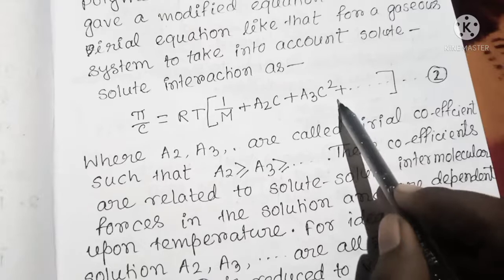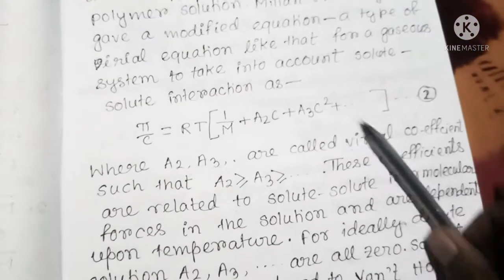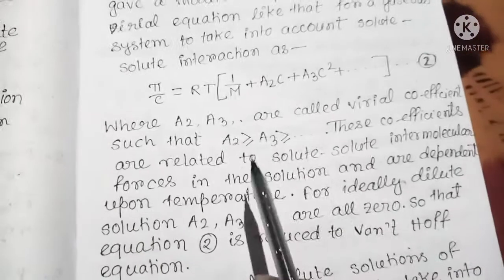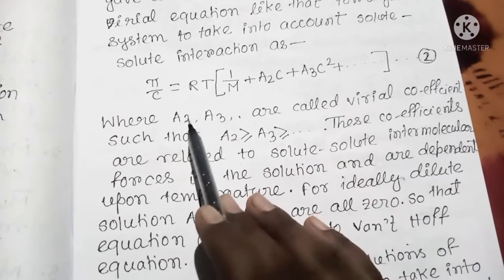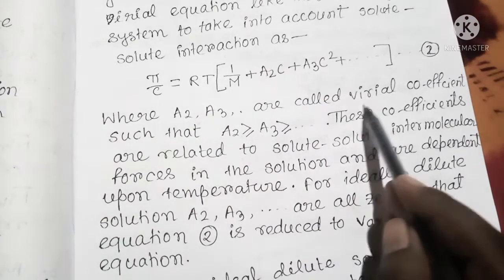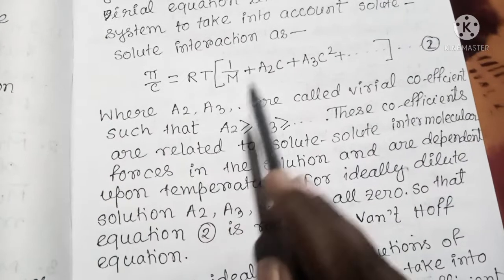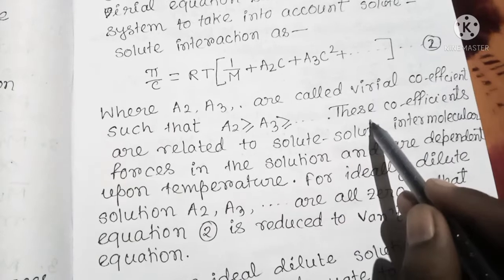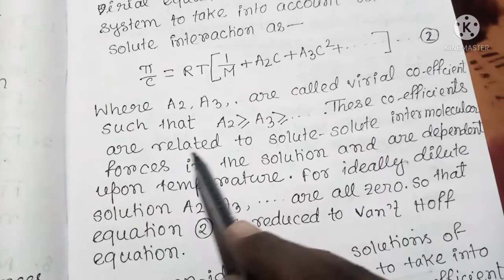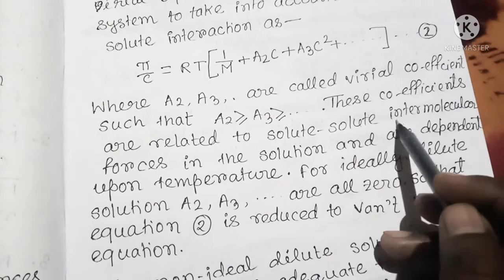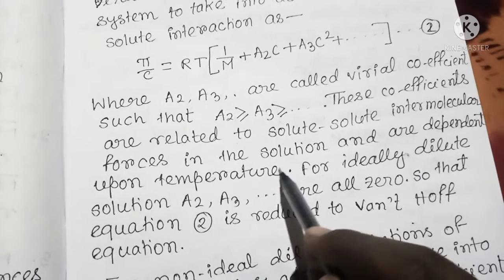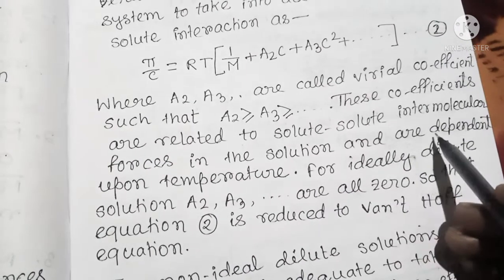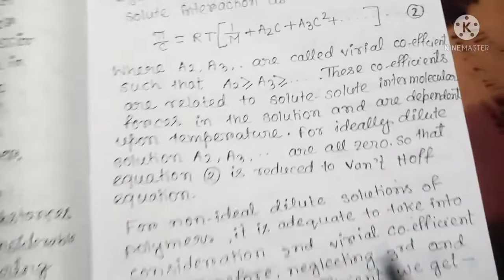We take this as equation 2 and the previous equation as equation 1. In this equation, A2, A3 are called virial coefficients such that A2 is greater than A3 and so on. These coefficients are related to solute-solute intermolecular forces in the solution and are dependent upon temperature.